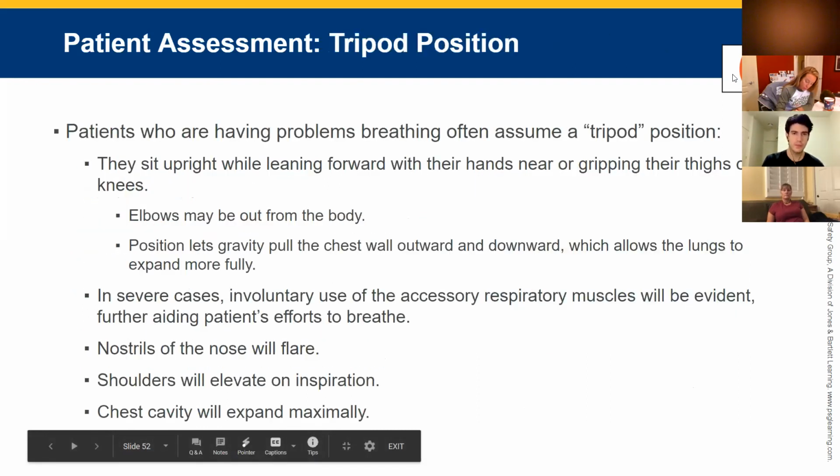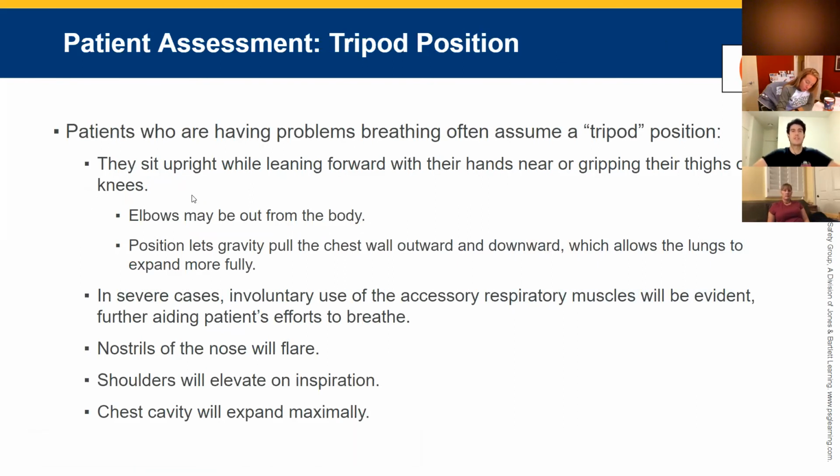All right. We just talked about the tripod position. I just showed you: you sit up leaning forward with your elbows out, kind of like sniffing the air with your nose. I encourage you all to try it. It makes it easier to get breath into your chest. You can see why someone would want to do it. But it's not a good thing to see in your patients. It means they were forced to do that by a breathing problem.